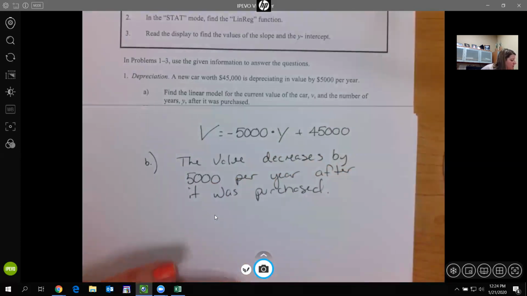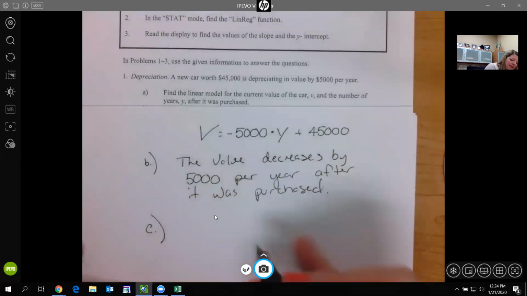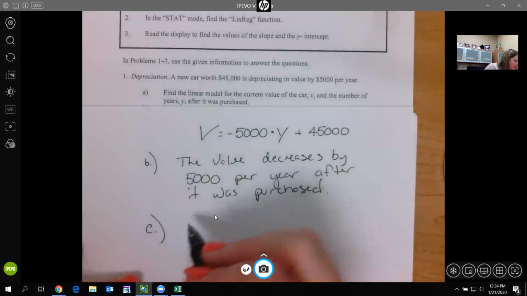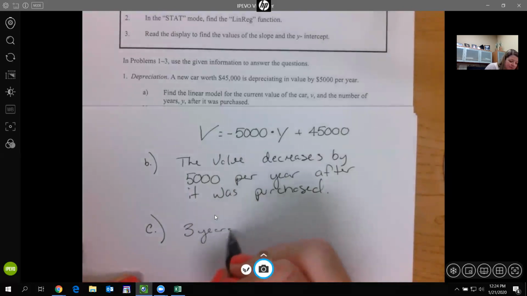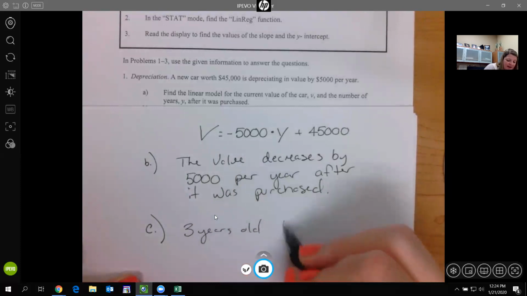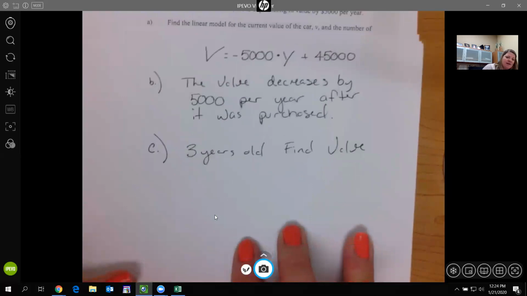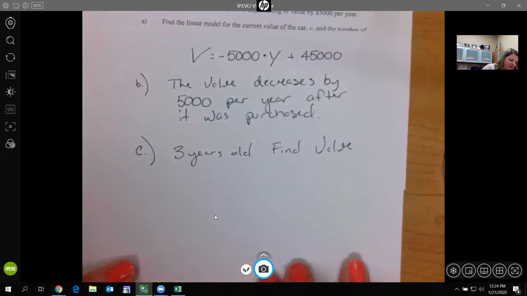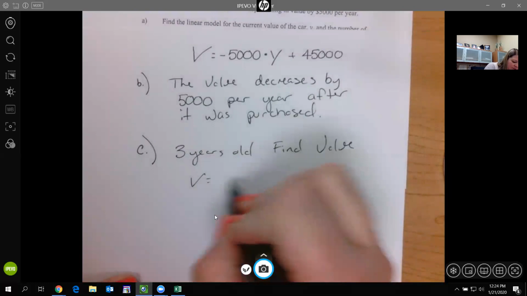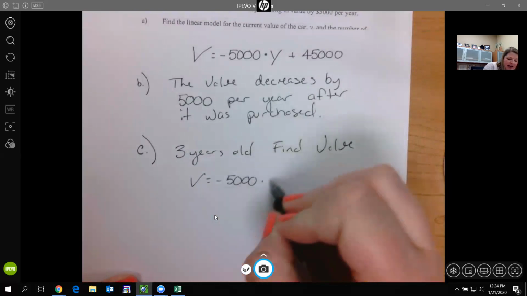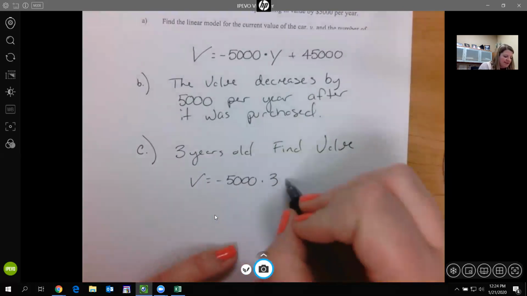Okay, and then the next question says, if the car is 3 years old, what does this model predict for us for the value? So for this one, we're going to use our formula here, and we know that the value is equal to negative 5,000 times the 3 plus the 45,000.